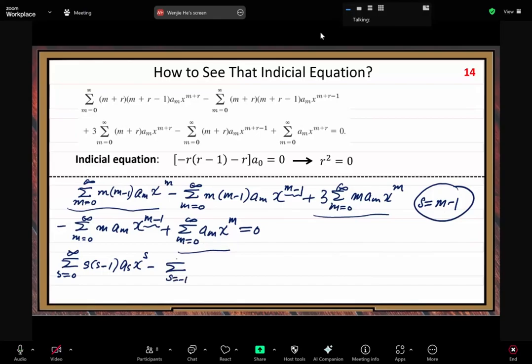Since m equals s plus 1, we get s times s plus 1 ... s plus 1 x to the s, and the last one, s equal to negative 1.